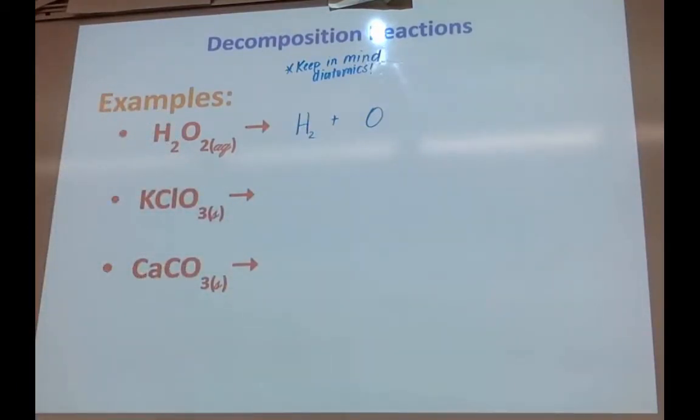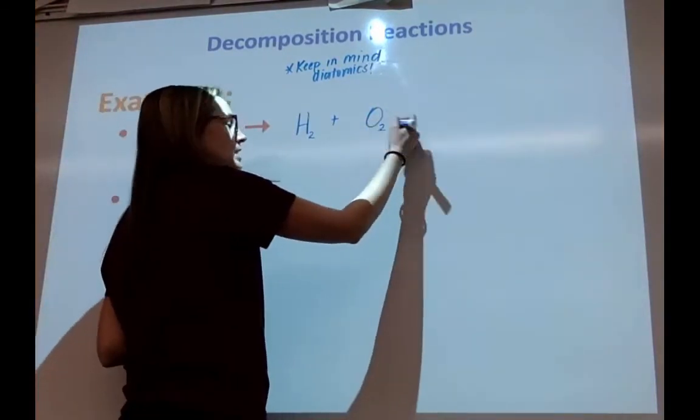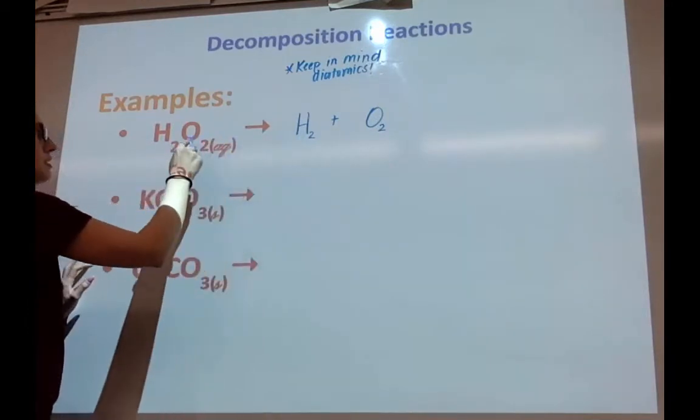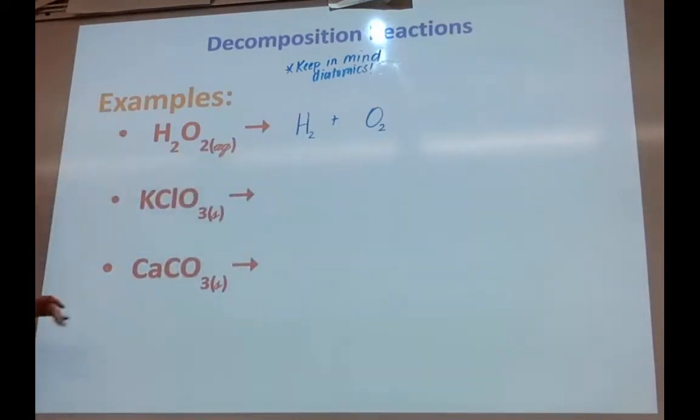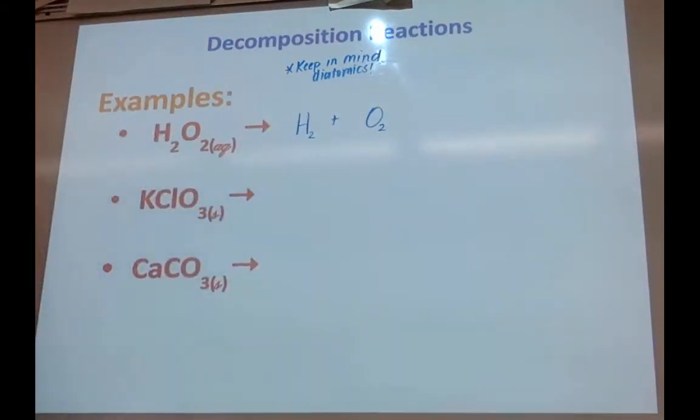It exists as H2. Oxygen, when it's by itself, exists as a diatomic molecule. It exists as O2. Now, in this case, we want to balance it as well. 2 H's, 2 H's, 2 O's, 2 O's. This is already balanced. So the reason that the soap was coming out was because the soap was catching hydrogen and oxygen gas that was being produced.